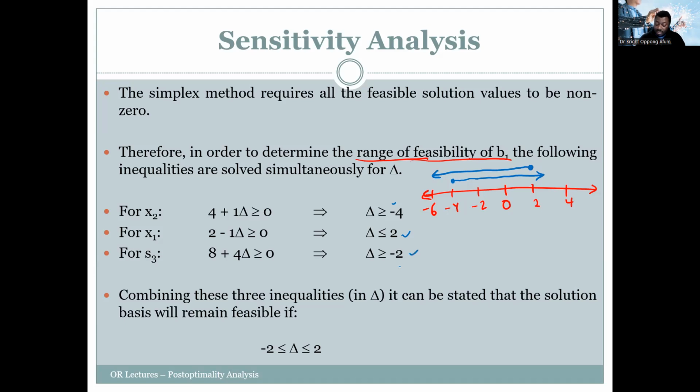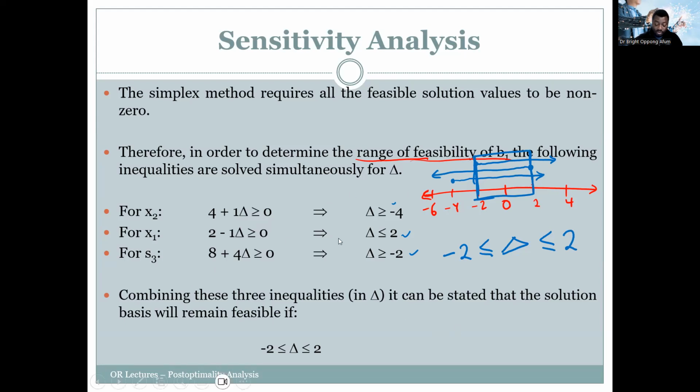And the third one is delta greater than or equal to -2, so anything here is greater than or equal to -2. So it is very clear that from -2 to 2 is the boundary that satisfies all three constraints. That's why we say the delta will lie between -2 and 2, with 2 inclusive. So this is how this comes about.